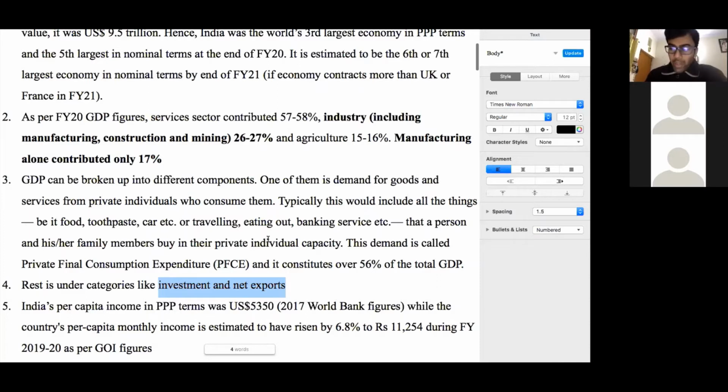So the actual global comparison of actual figures and actually where India stands is often not done in television debates.